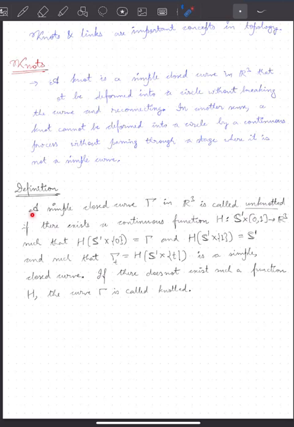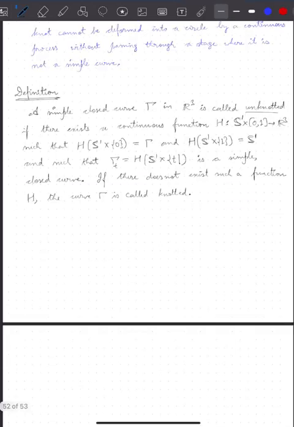A simple closed curve gamma in R3 is called unknotted if there exists a continuous function h, a mapping from S1 cross the closed interval 0, 1 to R3, such that h of S1 cross 0 is equal to gamma, and h of S1 cross 1 is equal to S1, and such that gamma t is equal to h. The gamma t is a mapping parametrized with respect to t. It is a simple closed curve, and if there does not exist such a function h, the curve is called knotted.